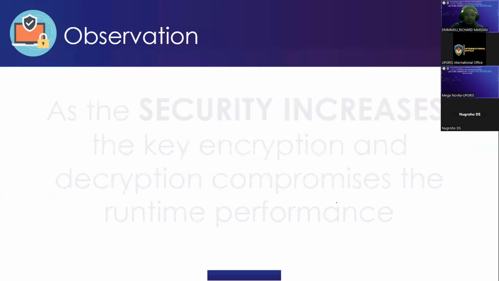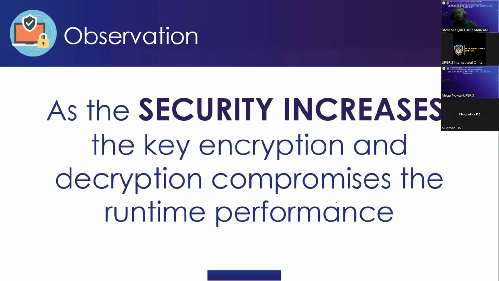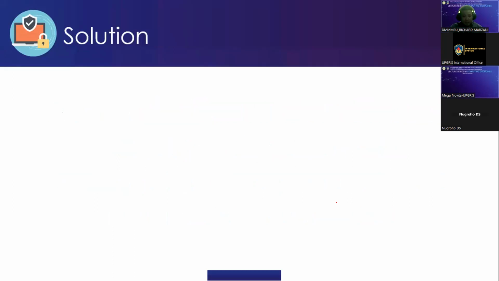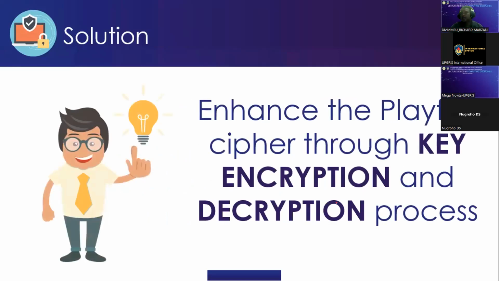Based on the observation, encrypting the key of the Playfair cipher increases security, but it compromises the runtime performance. As a solution, I enhance the Playfair cipher through key encryption in the decryption process.